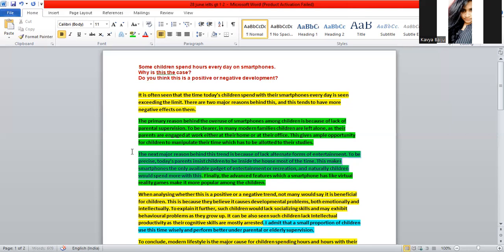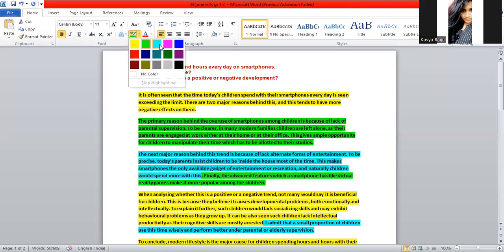Children are preferred to stay inside the house by their parents because of a lack of security, maybe, or concerns, maybe, or maybe fearing some infections or some sorts of dangers. Now they want their children to be inside and safe. And the only available option for children right now is to play with smartphones. Now, this is the second reason.